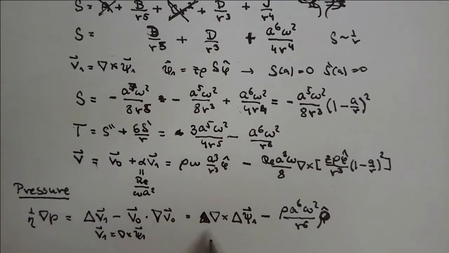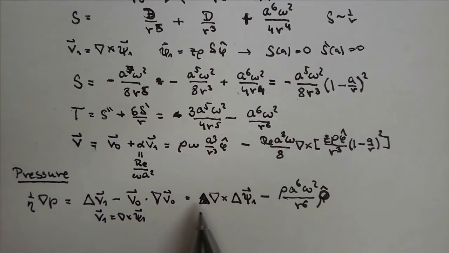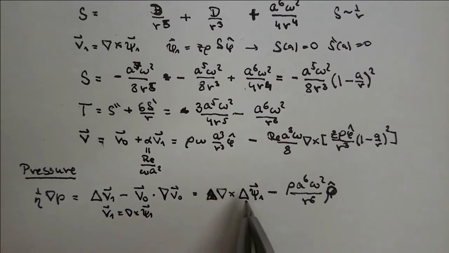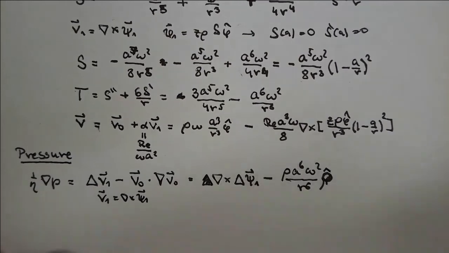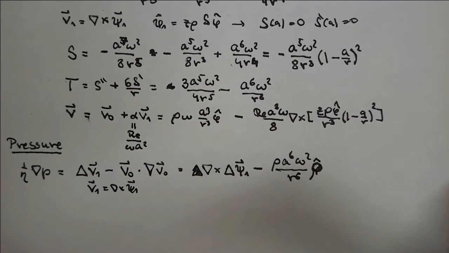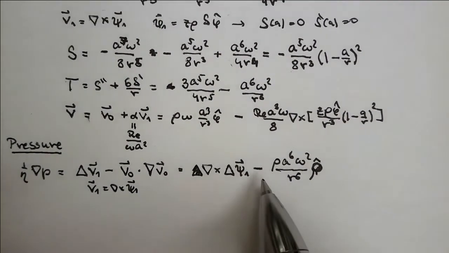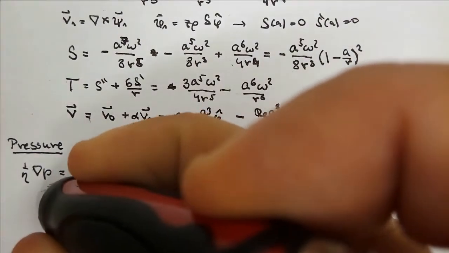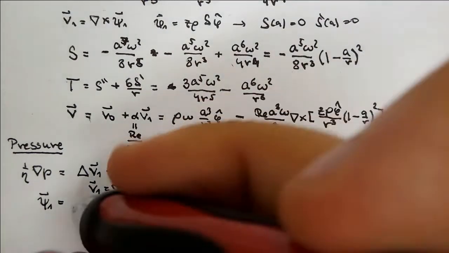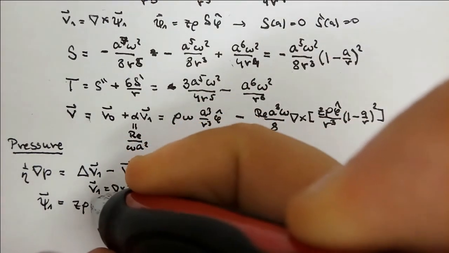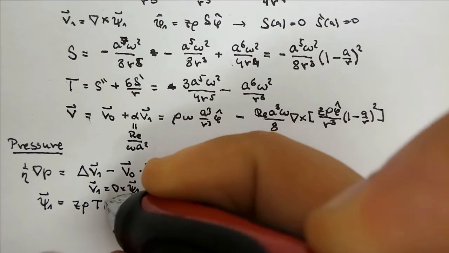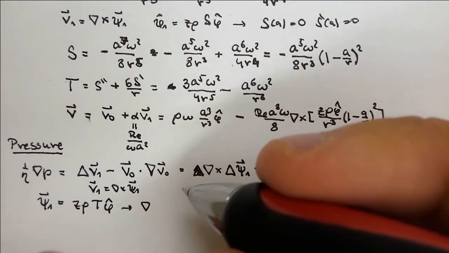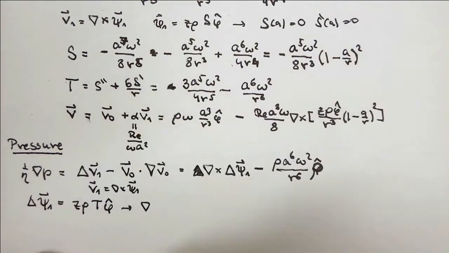And now you have to compute this term, the curl of the Laplacian of psi1. This should not be so bad, because we already know the solution for psi1, which is of the form 0, 0, t phi.